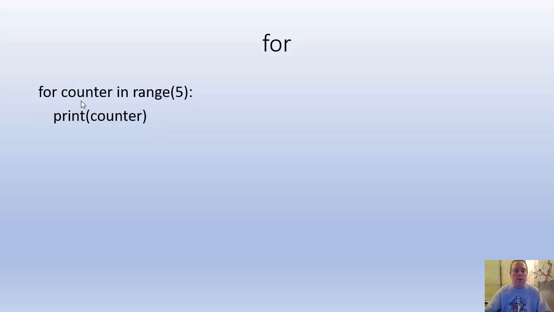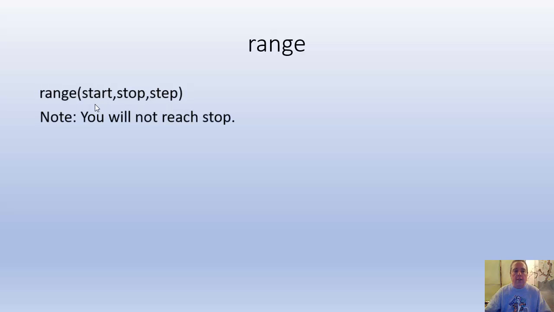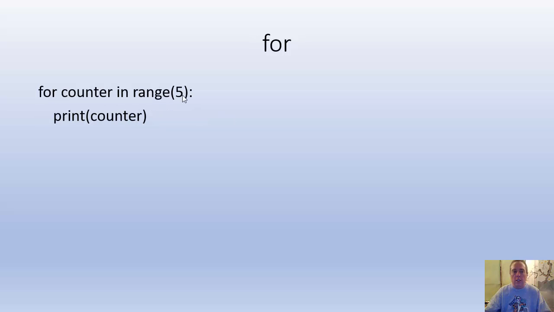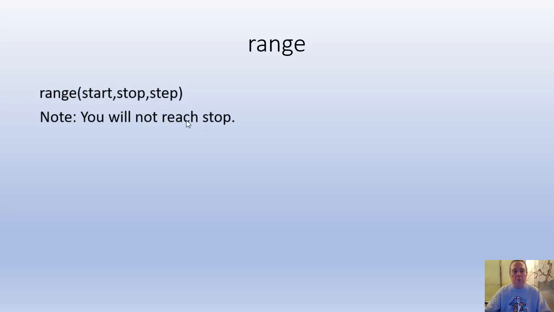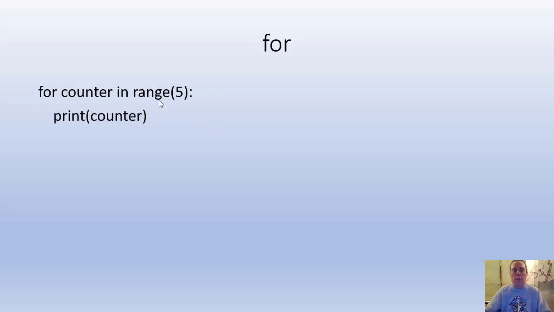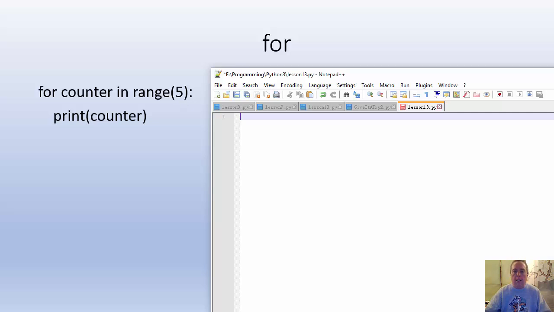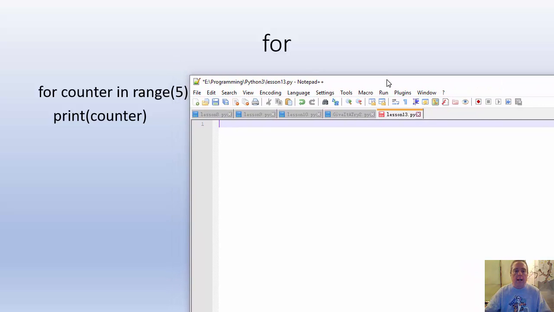So, for counter in range 5. As I said, the default start is 0, default step is going to be 1, so this is actually going to go 0 to 5, but you do not reach the stop, so it's actually going to be 0, 1, 2, 3, 4. All right, let's give it a shot. I've already got lesson 13 out for you, so let's go ahead and try this.